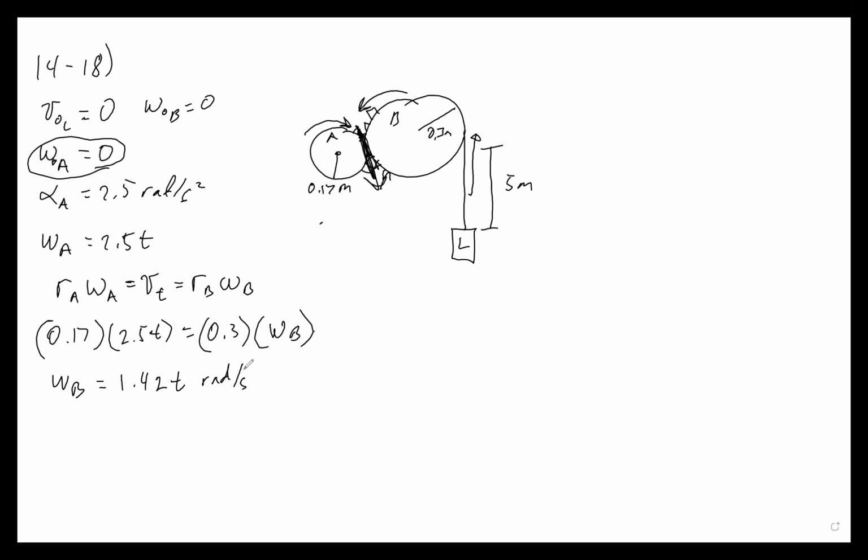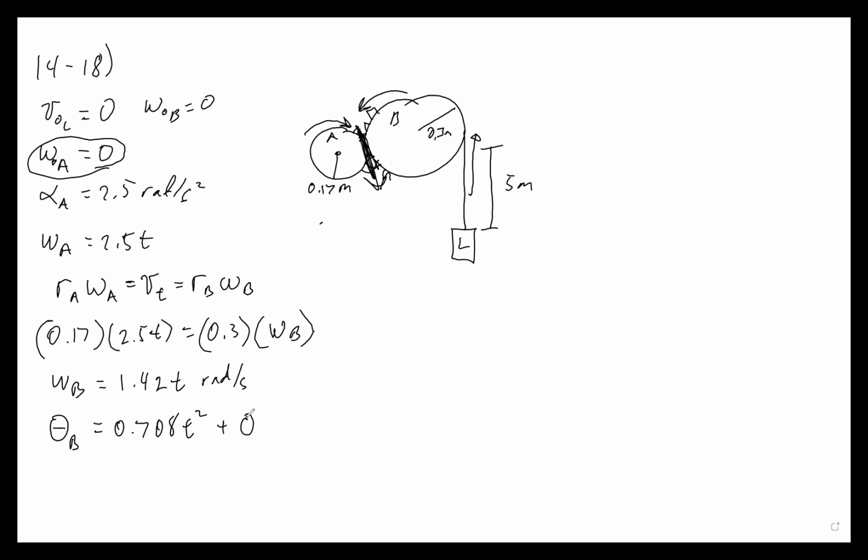So first let's do the integration. The angular position of B is going to equal the integral, which ends up being 0.708 t squared. Remember, it's just 1.42 divided by 2. And then we can say that the initial position is going to be 0.